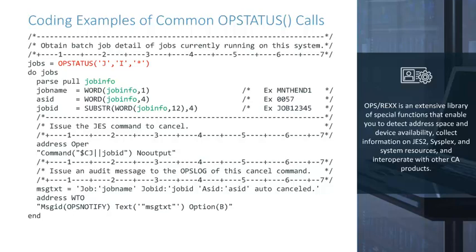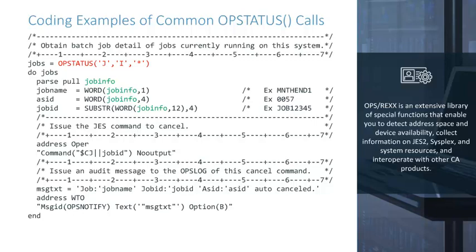The EDQ, of course, is used as a notepad within a rule or program, where functions and commands can write data to. The logic would then loop through all returned records, pulling and processing each record one by one. From the detailed ACID record that is pulled, the job name, word 1 of the record, ACID, word 4 of the record, and job ID, word 12 of the record, is extracted.